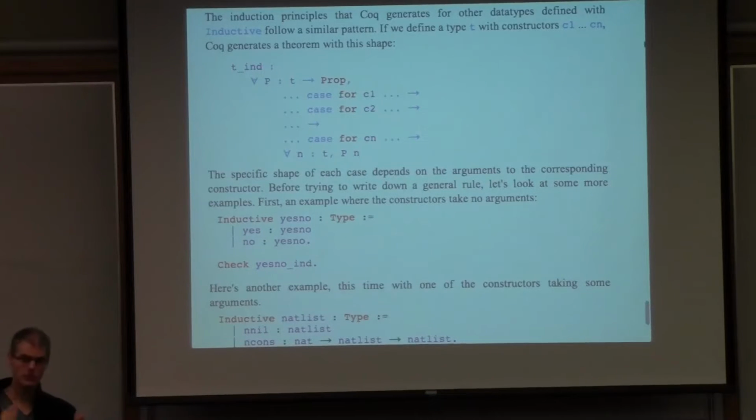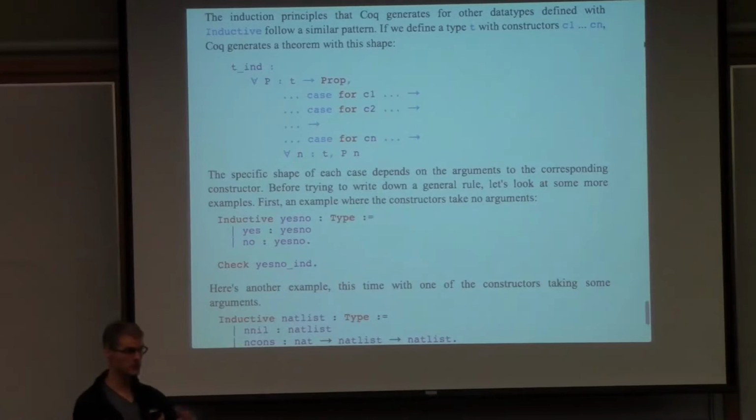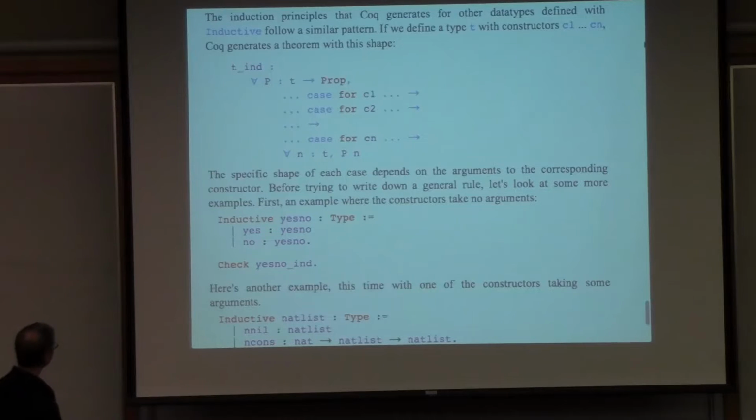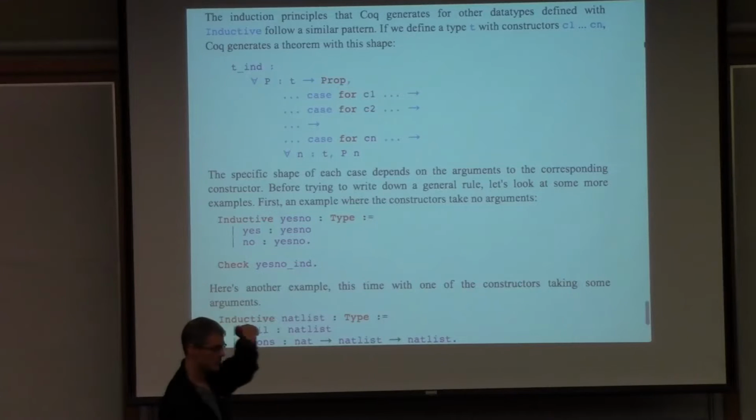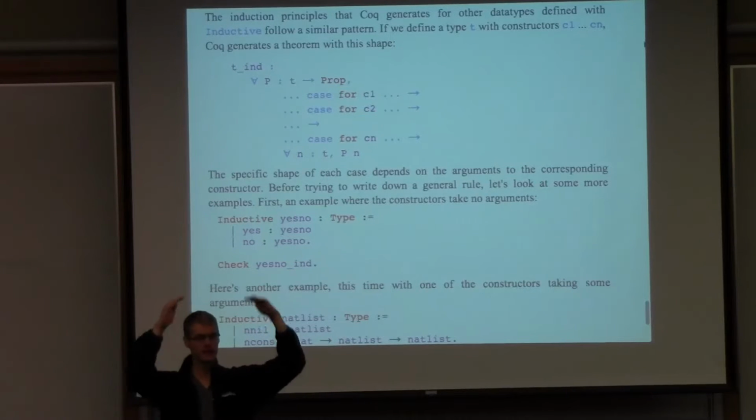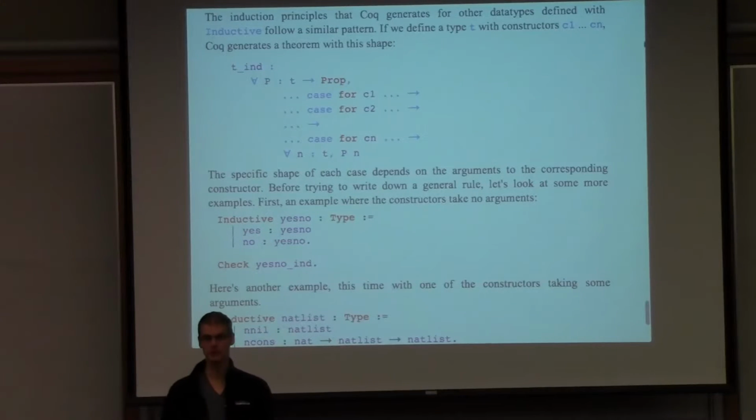the induction principle that's generated by the inductive definition, of course, corresponds to the inductive definition very closely. Essentially, your inductive definition has several constructors. The induction principle has one hypothesis for each of those constructors.